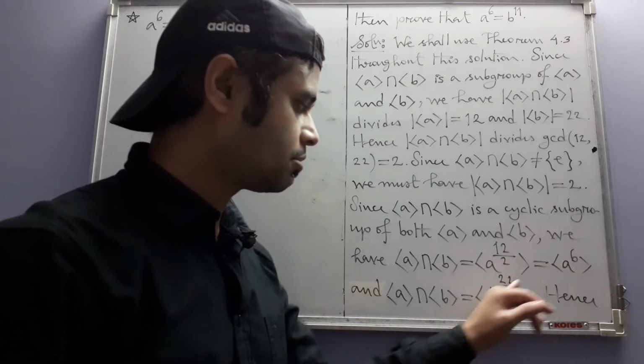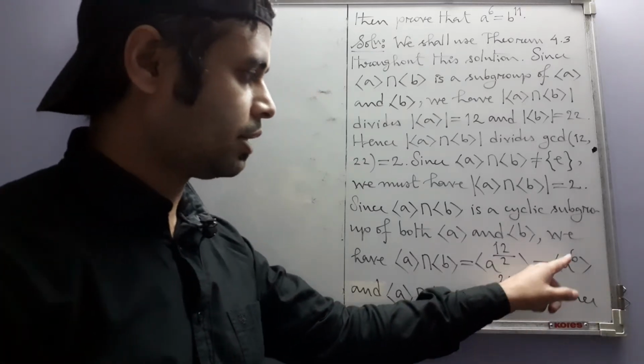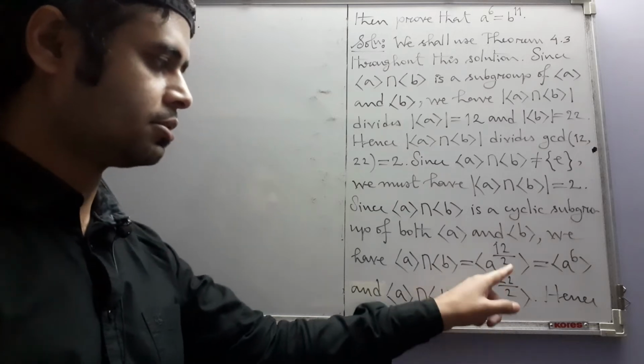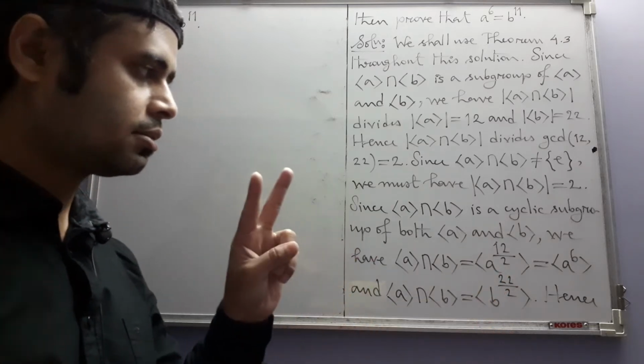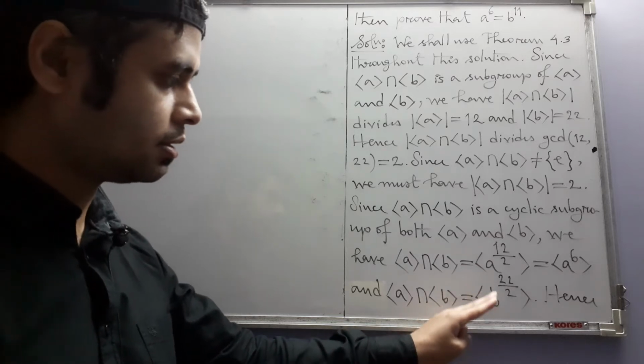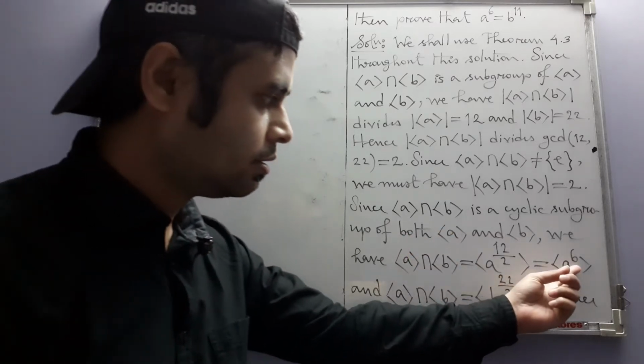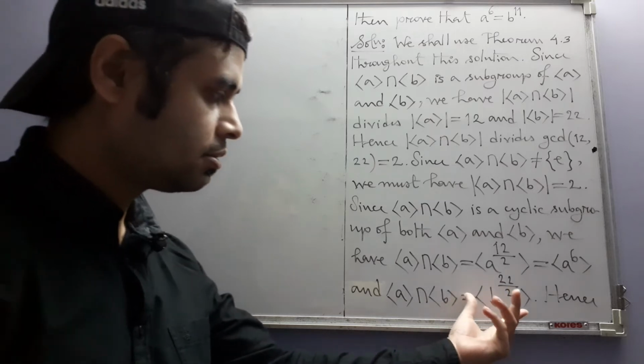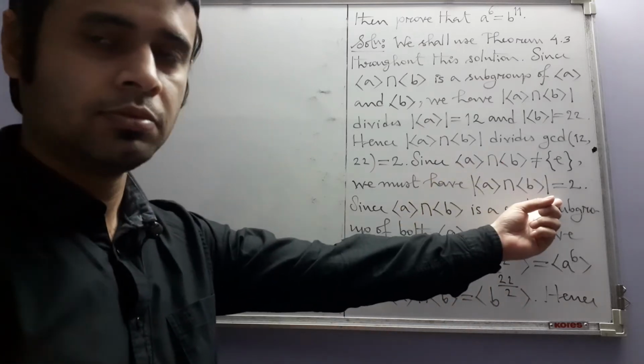That is because these two groups are equal, so a to the power 6 should belong to this group, but this group has exactly two elements. One of them is the identity and the other is b to the power 11. That is because its order is 2.